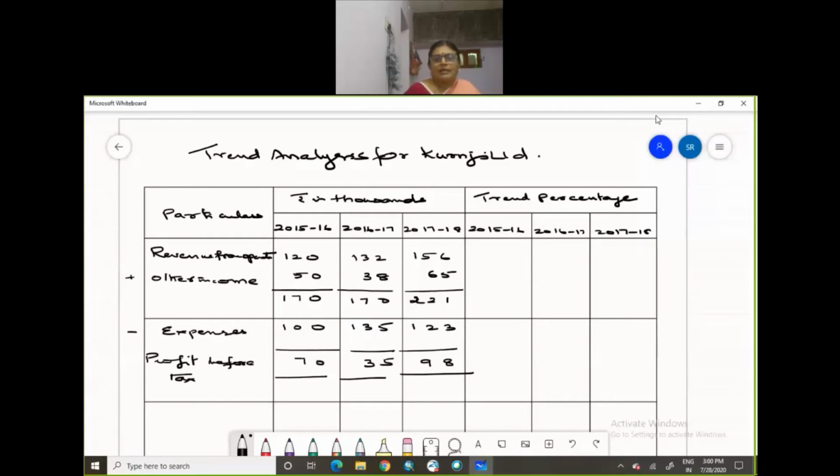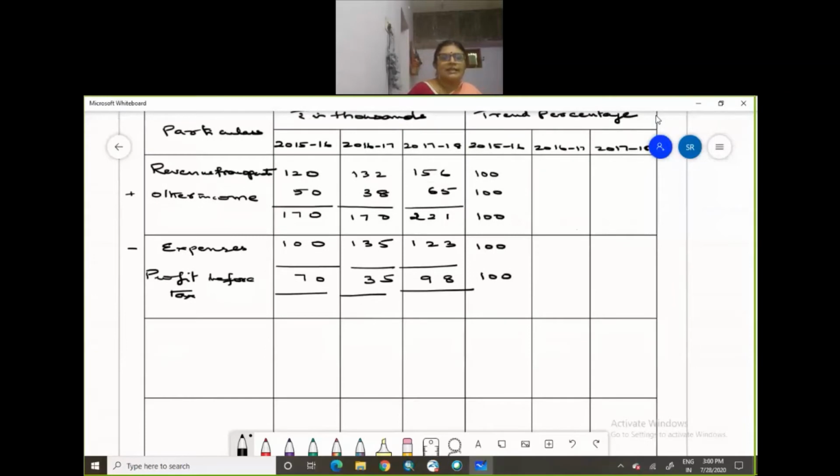Now what you have to do is take the first year as your base year and assume it is 100. So 100, 100, all the first year's figures, let us assume it is 100. Now let us calculate the trend percentage of 2016-17, 132, and 2017-18, 156. You take 120 as your base year.